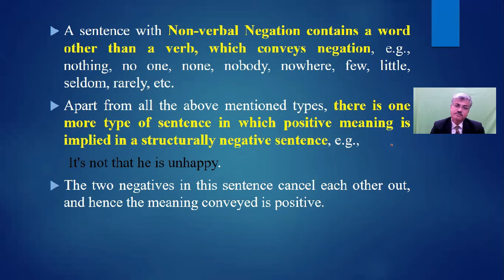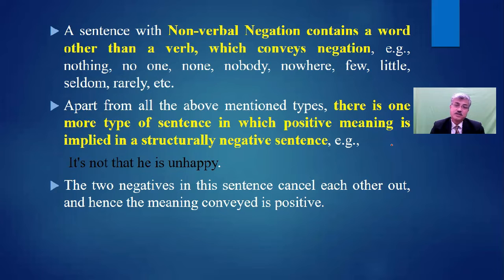Example, nothing, no one, none, nobody, nowhere, few, little, seldom, rarely, etc. Apart from all the above mentioned types, there is one more type of sentence in which positive meaning is implied in a structurally negative sentence. For example, it's not that he is unhappy. Here, dear learners, if you read this sentence carefully, you will find there are two negations.